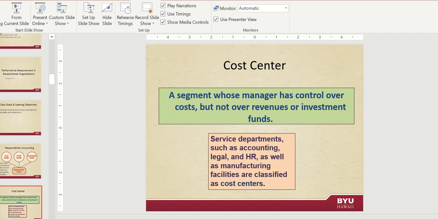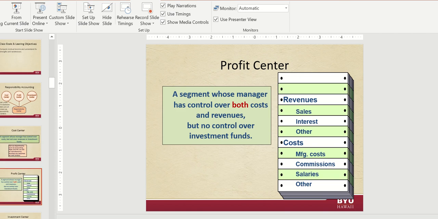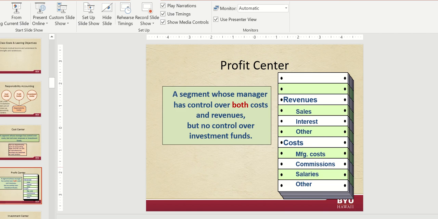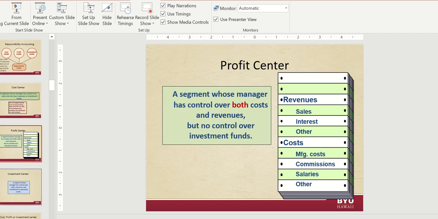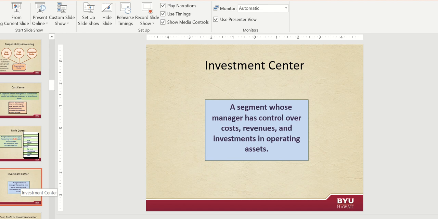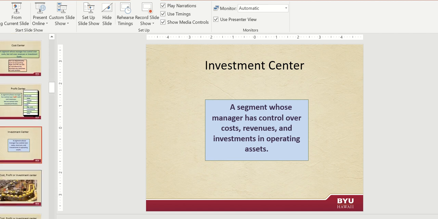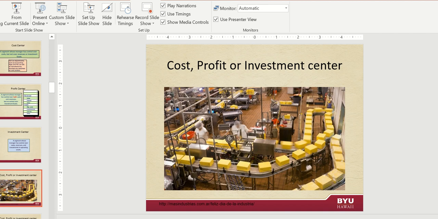For profit centers, the manager has control over costs and revenues but no control over investments. And finally, your investment center has probably the most responsibilities because they have control over costs, revenues, and investments in operating assets. So I have a few slides that you can classify as a cost, profit, or investment center.